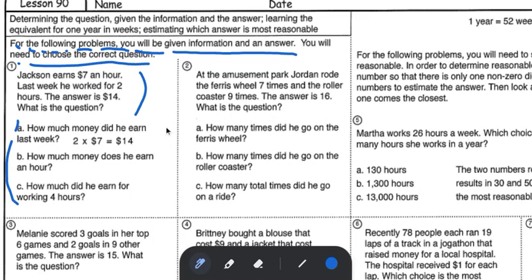Well, they kind of give you the answer right here. How much did he earn last week? But let's look at the wrong answers first. How much money does he earn an hour? Well, it says that he earns $7 an hour right there. So the answer could not be 14 to how much he earns per hour because it tells us that he earns $7 per hour. So that answer is definitely wrong.